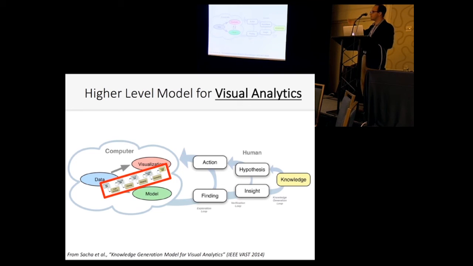And so that leads to this model of visual analytics, which combines data going to visualization and your model, linked together, and then this whole section on the right, which is how people actually make sense out of data, deriving insights that generate hypotheses, and then you interact to test those hypotheses that generate new insights. And you can see this as a much more iterative, cyclical process than the previous model. But that model we just looked at really fits well within this higher level representation.